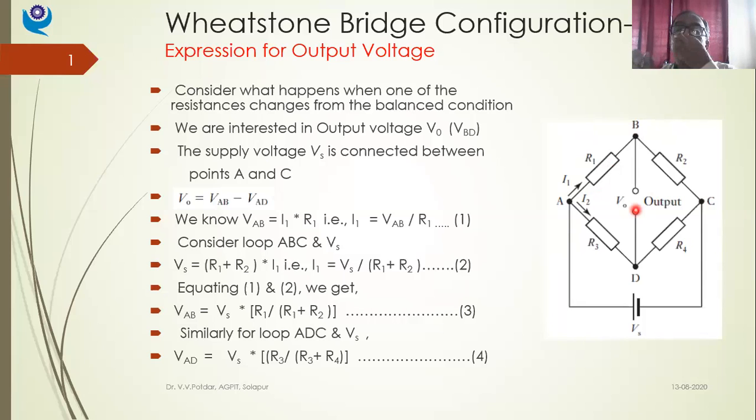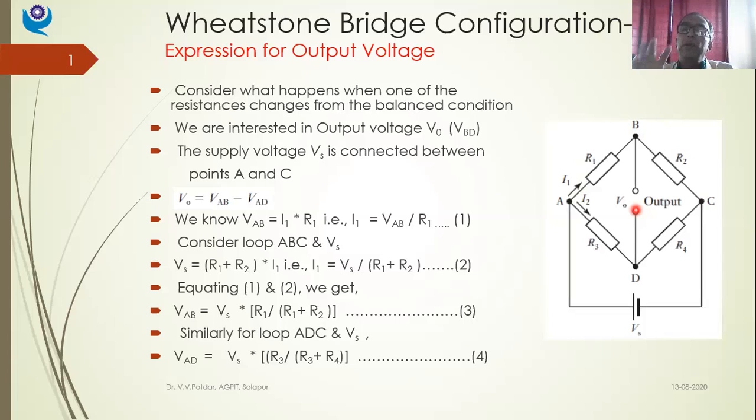Why is the bridge unbalanced? Because one of the resistances has changed. Why has one of the resistances changed? Because either it is subjected to length change or it is subjected to temperature change. Whatever is the cause, it is subjected to resistance change. And because of that, the output voltage is changing. Now we want to derive the expression for this change in output voltage.